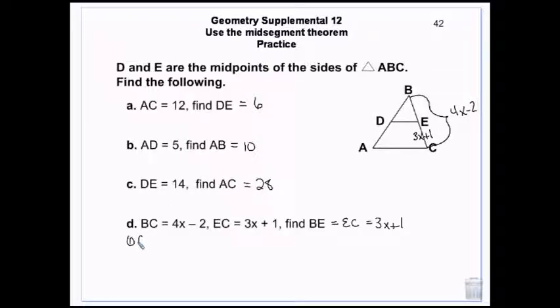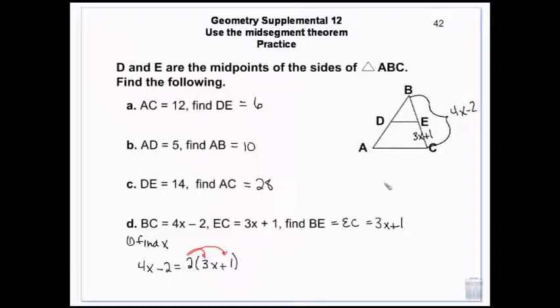So we want to find x. BC is 4x minus 2. EC is half of that length. So 4x minus 2 is equal to 2 ECs. Do you see what I mean? So you're going to multiply that by 2 to make them the same.